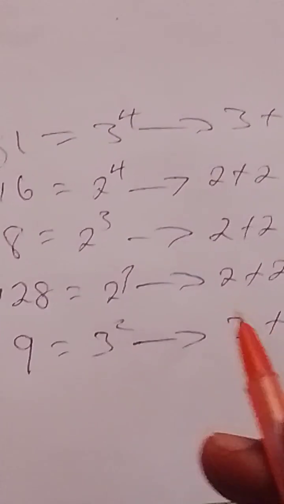Let's solve the same question I showed us earlier. Simplify 4 raised power minus x times 16 raised power 2x minus 2, divided by 4 raised power 2x minus 3 times 128.